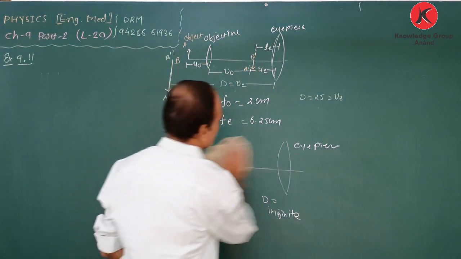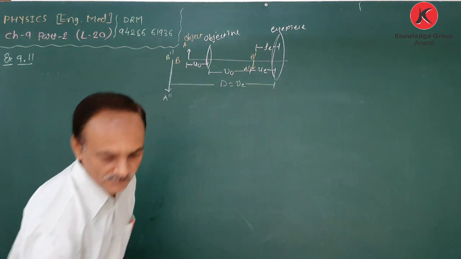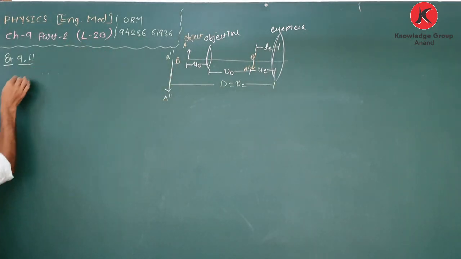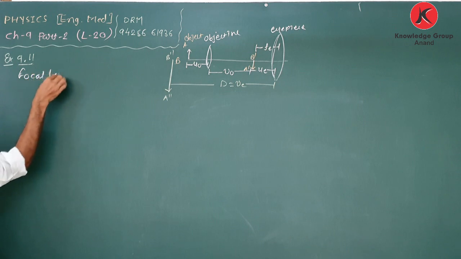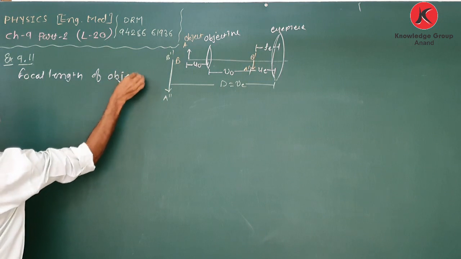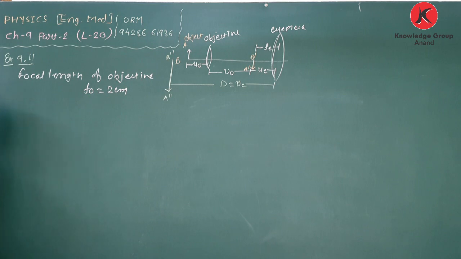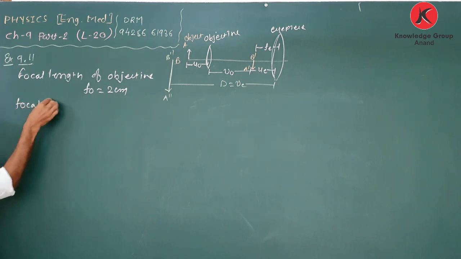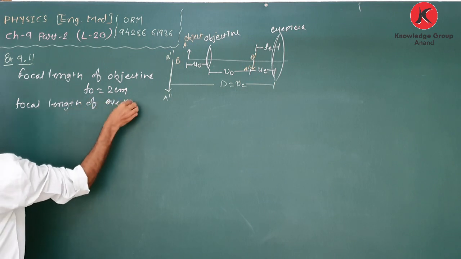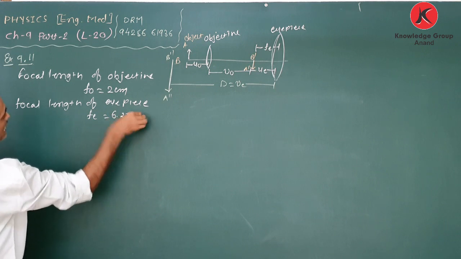Whatever the data given, this figure is only for information. Now the focal length of the objective, FO, is given as 2 centimeter. The focal length of the eyepiece, FE, is given as 6.25 centimeter.